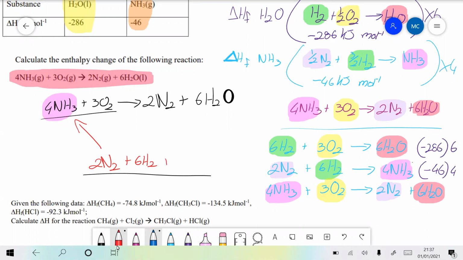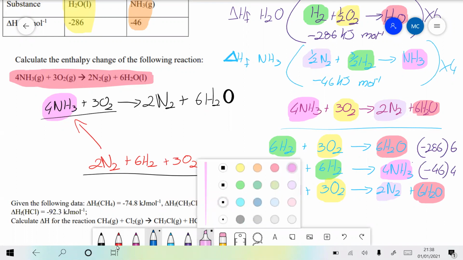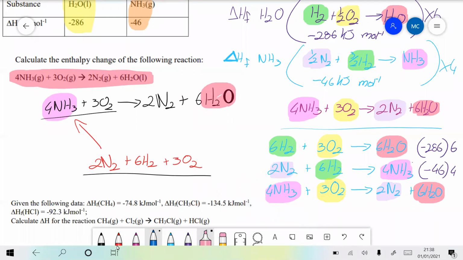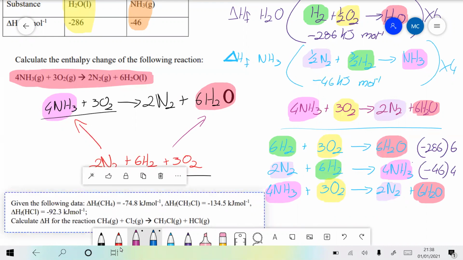To balance them, we will need to add 3 oxygen. For the water, I have the 6H2O, and 6H2O is also prepared from 6 hydrogens and 3 oxygens. To balance these 2 reactions, I will need the 2 nitrogen. Therefore, it's already balanced.